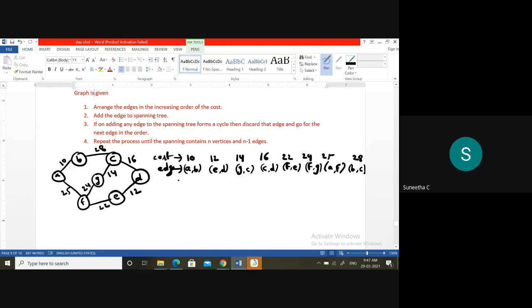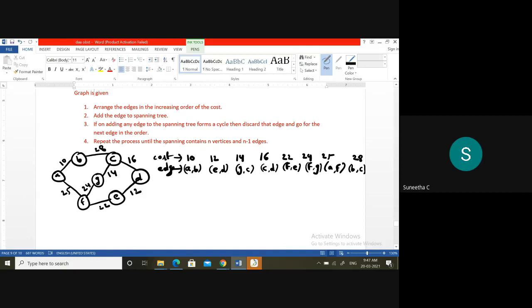Okay. So what do we have to do next? It is the next step in the procedure. We have to add the edges one by one to the spanning tree. So we take these edges which we have arranged in the ascending order one by one, and add those edges to the spanning tree.